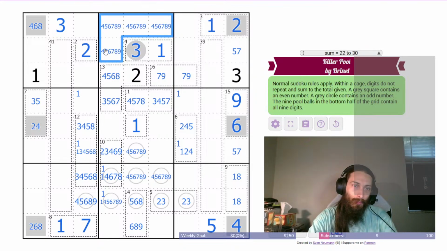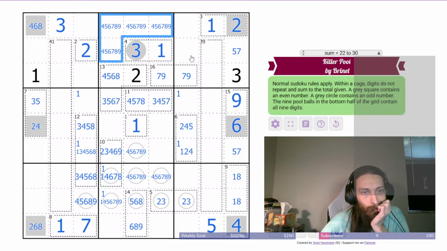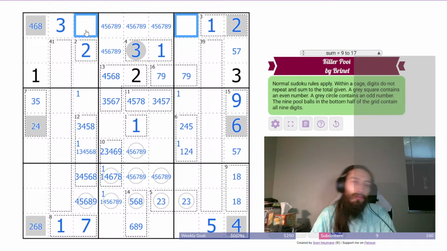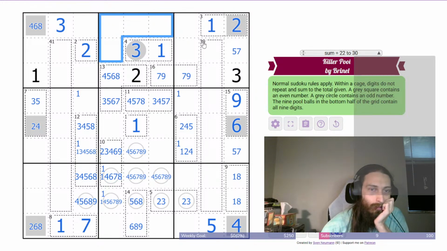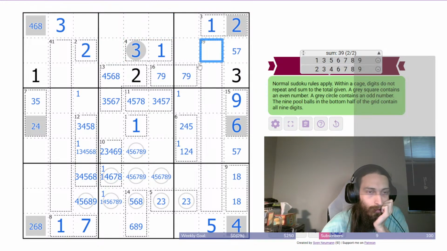Guess what's left over in this box? That'd be 4 through 9. Doesn't seem that useful. Got 4 through 9 going across the top as well. I'm going to go ahead and take this out because they're not within clues. And it's too many digits.